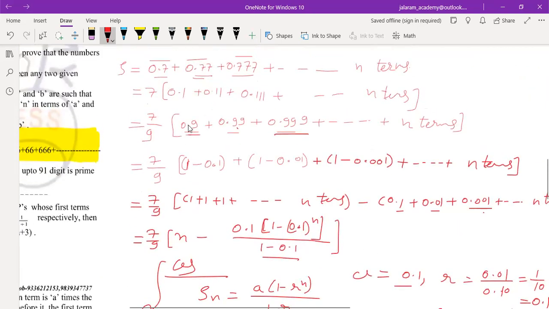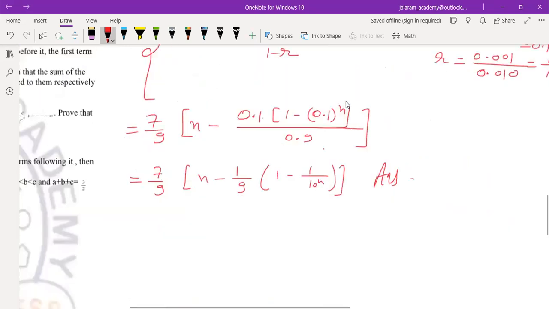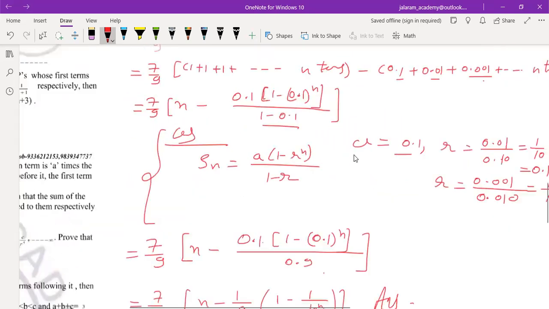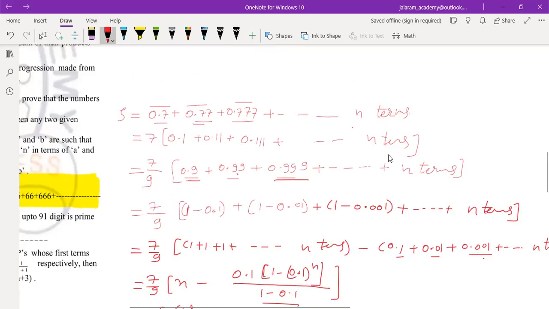So whenever we have to add 0.7 plus 0.77 plus 0.777 up to n terms, the result is 7 by 9 n minus 1 by 9 into 1 minus 1 by 10 to the power n. First we take 7 common from all of the terms, then divide the terms by 9 and multiply by 9. Then all of them are nearer to 1, so we write 1 minus 0.1, 1 minus 0.01, 1 minus 0.001 and so on.